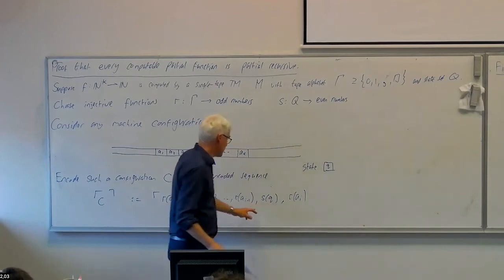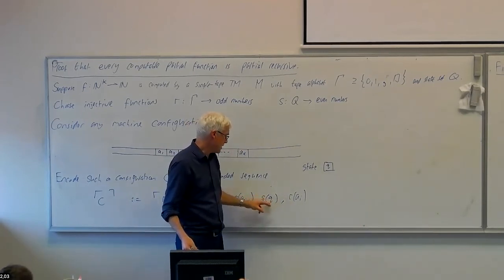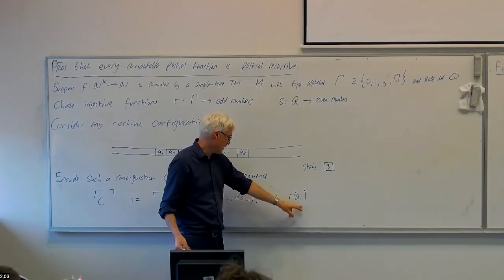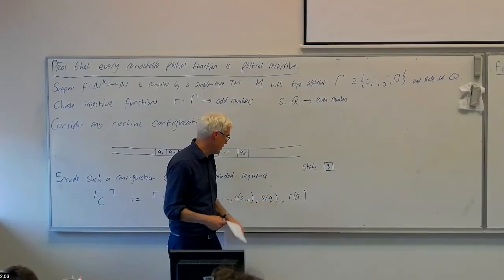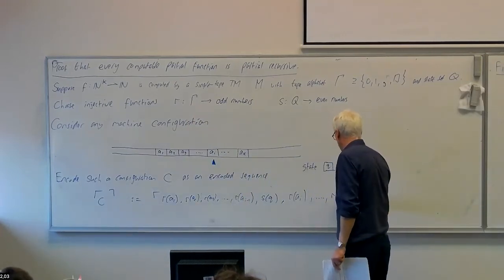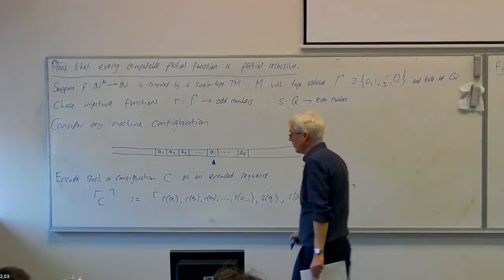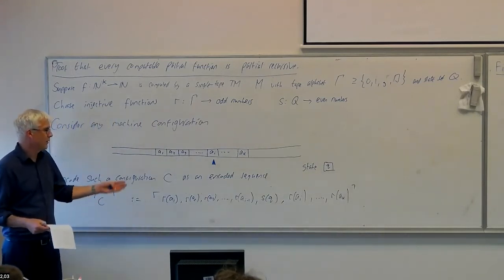So this sequence is saying that the head is looking at the character R(a_i), and at the same time in this configuration we're in state q. And then we continue all the way up to R(a_k). That's one way of encoding the whole of the configuration of the Turing machine as a single number.